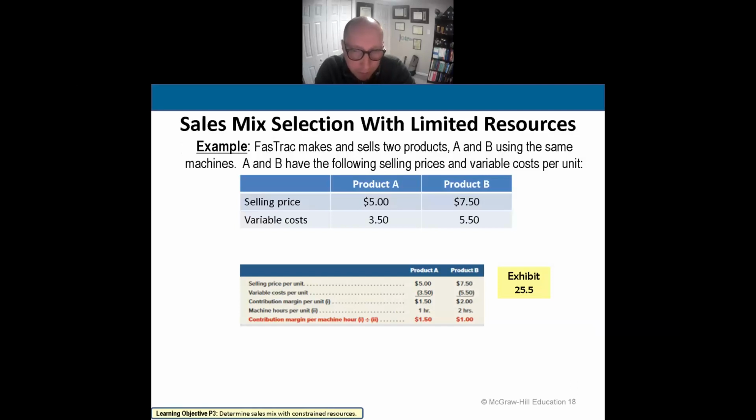It takes me 2 hours to make 1 unit of product B. It only takes me 1 to make product A. I could get a contribution margin per machine hour by taking the contribution margin per unit divided by the hours per unit. In this example, product A would yield me a higher contribution margin per machine hour.